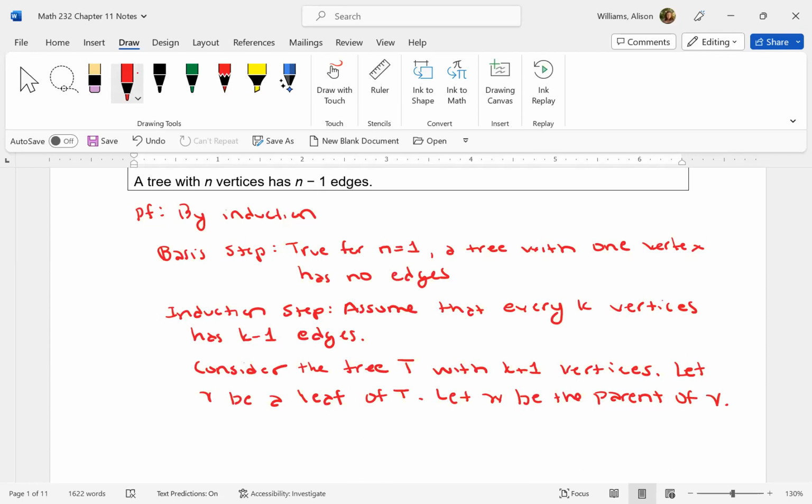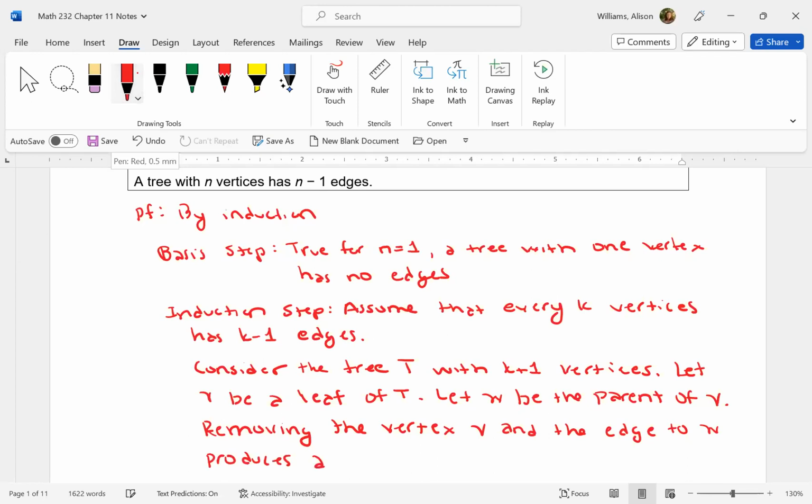Removing the vertex V, if we get rid of V and the edge to W, that produces a brand new tree, which we'll call T prime.